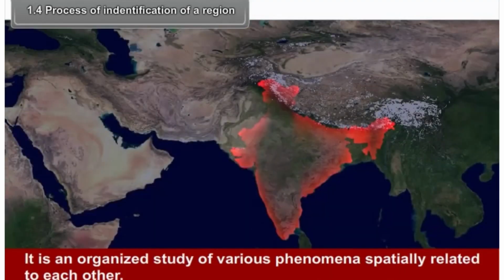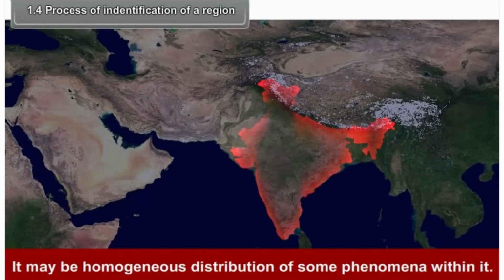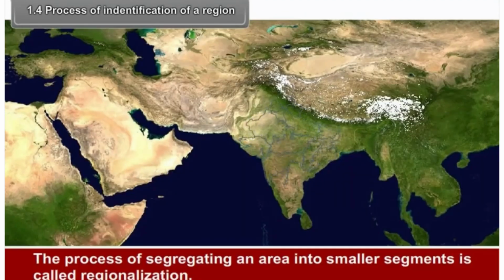It is an organized study of various phenomena spatially related to each other. It may show a homogeneous distribution of some phenomena within it. The process of segregating an area into smaller segments is called regionalization.